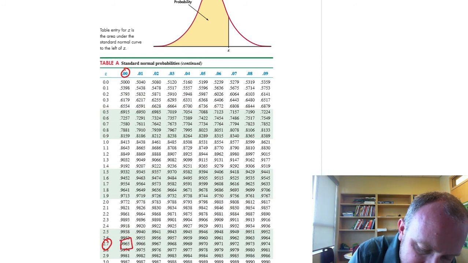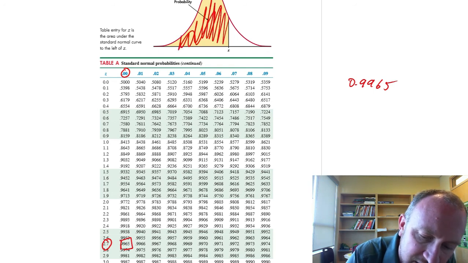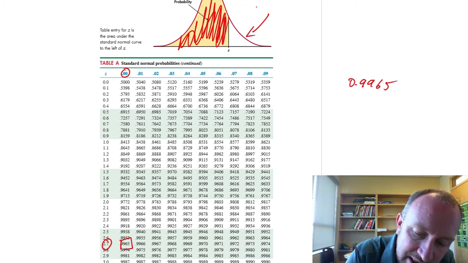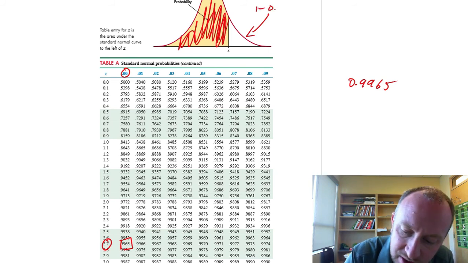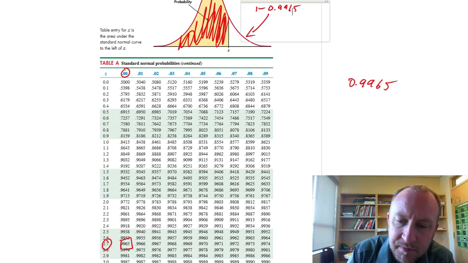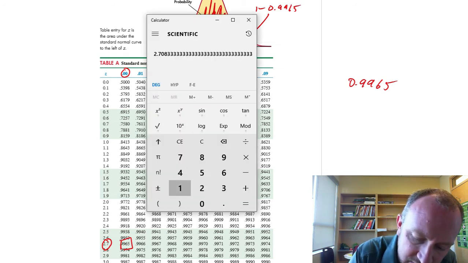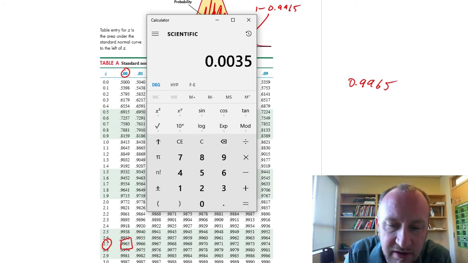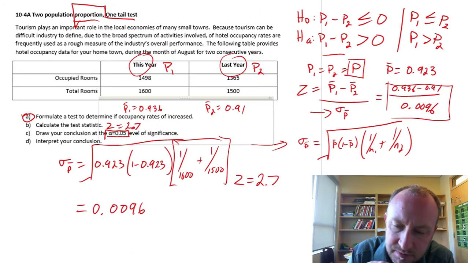So this gives us 0.9965. Of course, that's this area in the lower tail, and we're doing an upper tail test, so I want this region here, 1 minus 0.9965, and that will give us 0.0035.